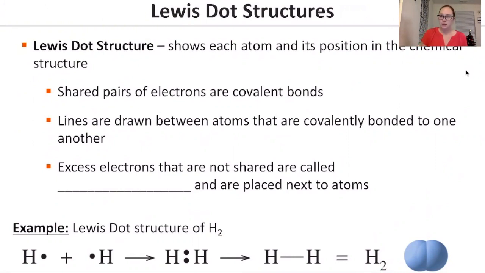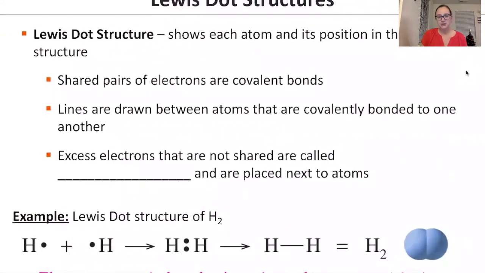Shared pairs of electrons are covalent bonds, as we've talked about in previous videos. Lines are drawn between atoms that are covalently bonded to one another. So that line corresponds to the covalent bond, which also corresponds to 2 electrons. Excess electrons that are not shared are called lone pairs and placed next to atoms.